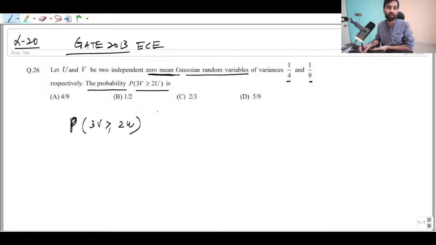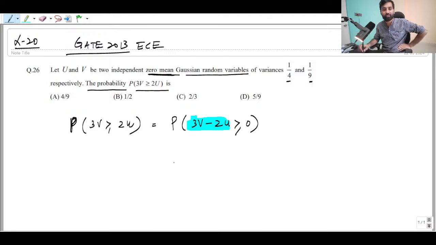You can write this as the probability of 3V minus 2U greater than 0. You can consider this as a new random variable, Z, where Z is 3V minus 2U.